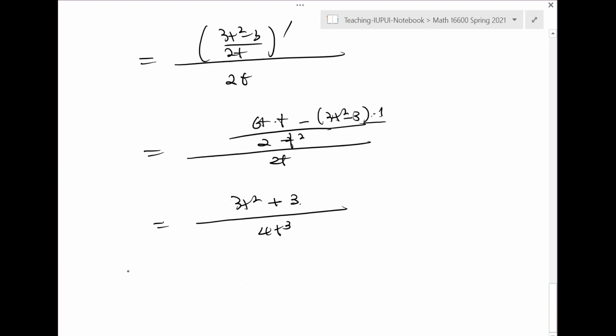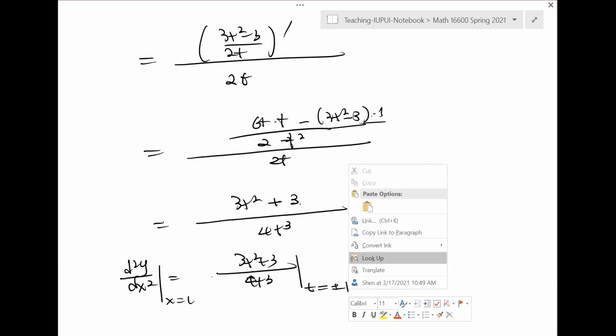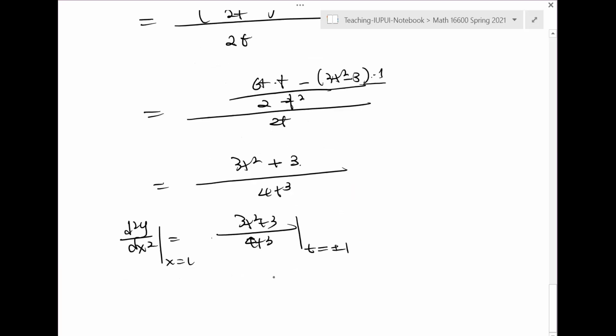Then the second derivative when x equals 1, and t is going to be plus or minus 1 because we have two possible values. The numerator doesn't matter, it's just 3 plus 3. The denominator is a plus or minus 1.